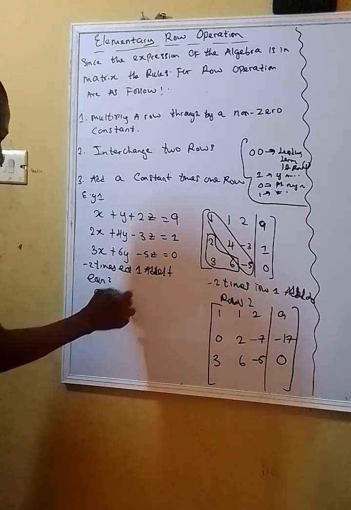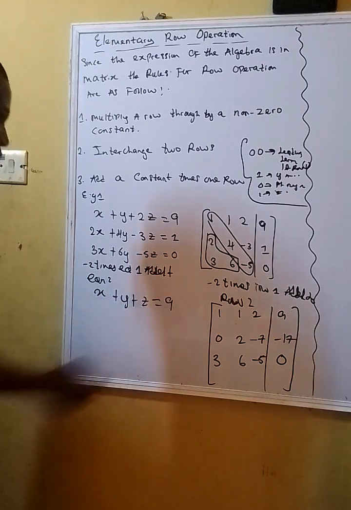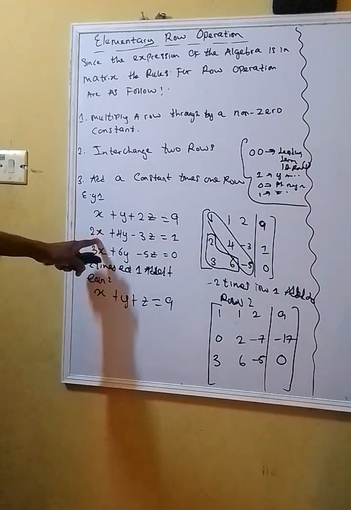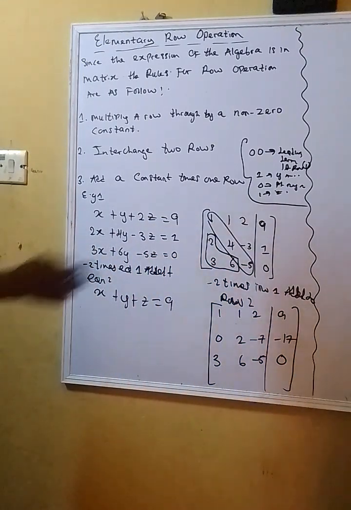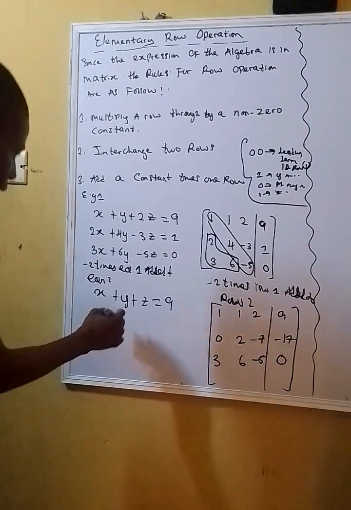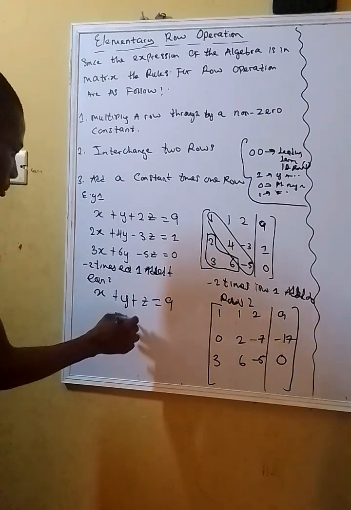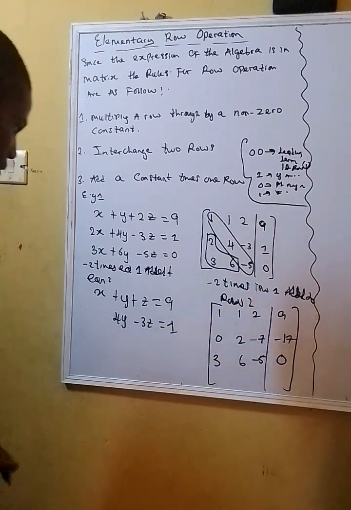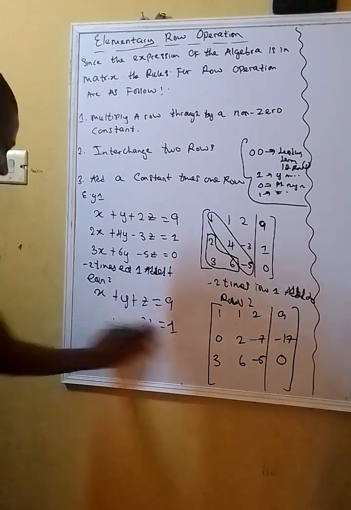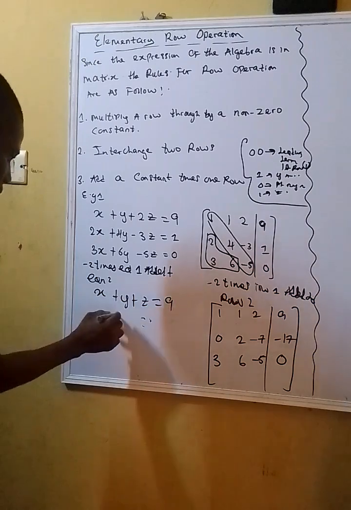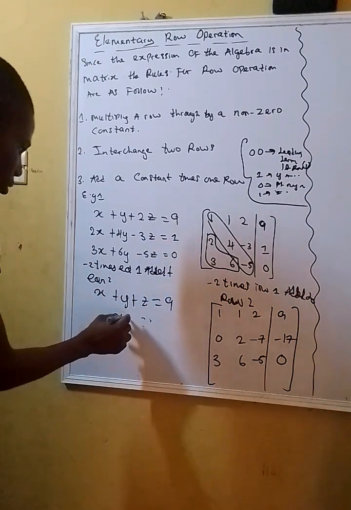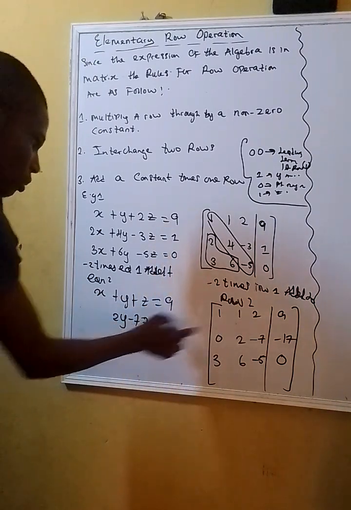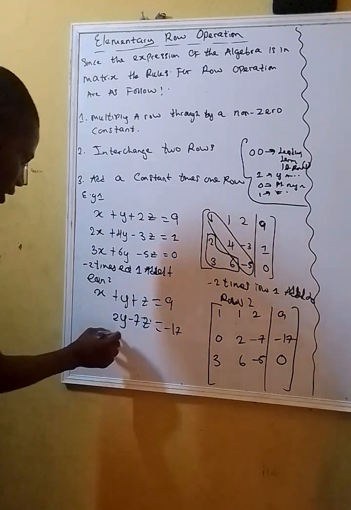You have your x plus y plus z equals 9, right? And at this point, x has become 0. So you have 2y minus 7z equals minus 17. Doesn't affect this other one.